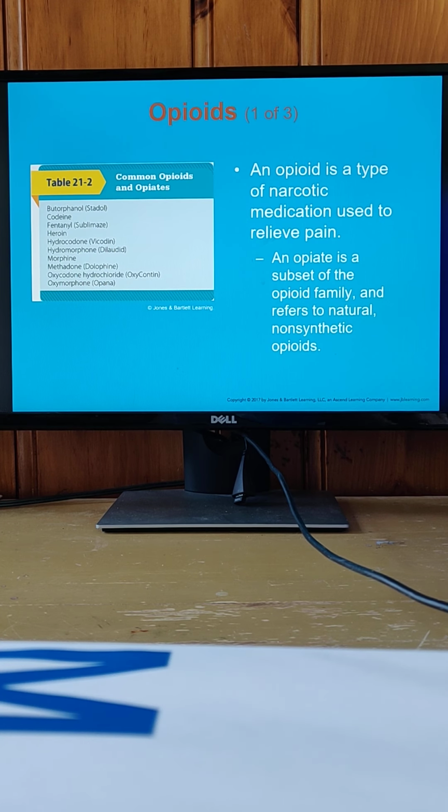You guys have heard of all those: oxycodone, hydrocodone, codeine, heroin, fentanyl patches, and morphine. Those are all opioids. Opiates are a subset of the opioid family and are natural, non-synthetic opioids.